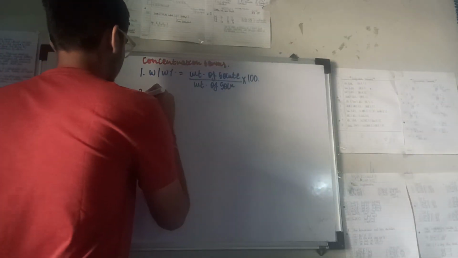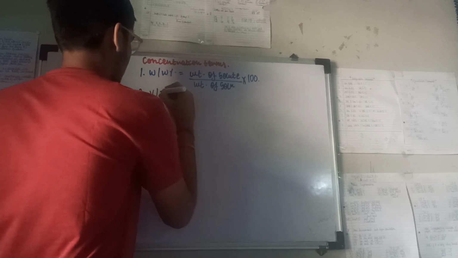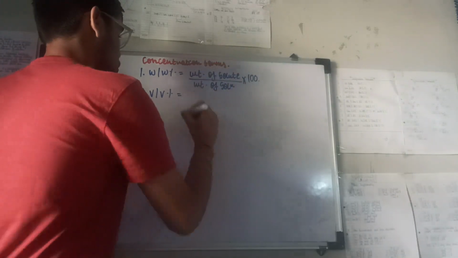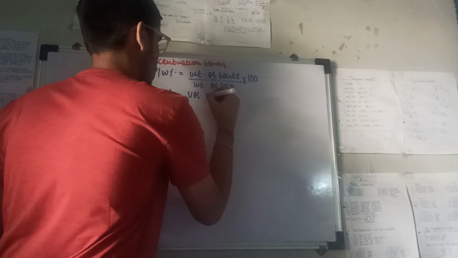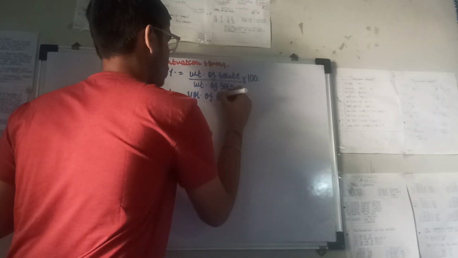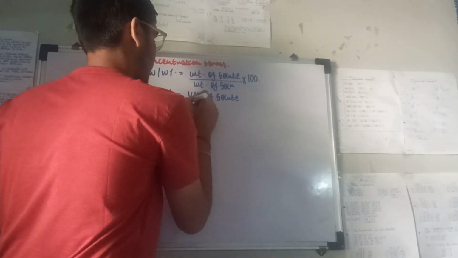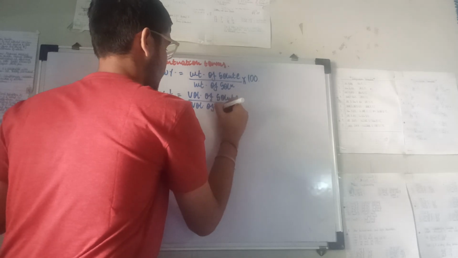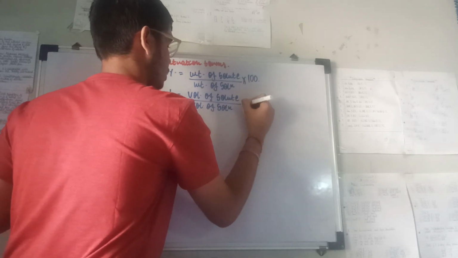Second, volume by volume. So volume of solute divided by volume of solution into 100.